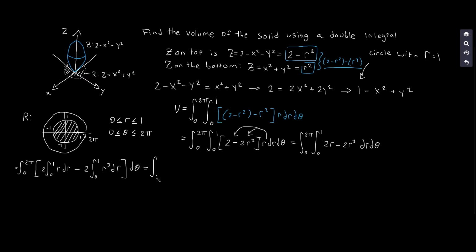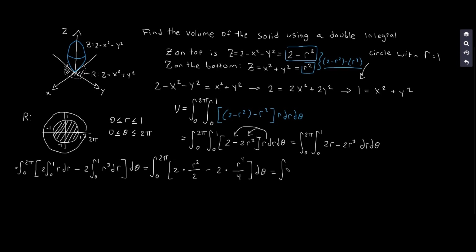Now I'm going to do the integral from 0 to 2 pi. This is going to be 2 times the power rule. All these 2's are going to cancel. Minus 2 times, what is this? r raised to the 4th over 4, like that, d theta. That's going to simplify as well.